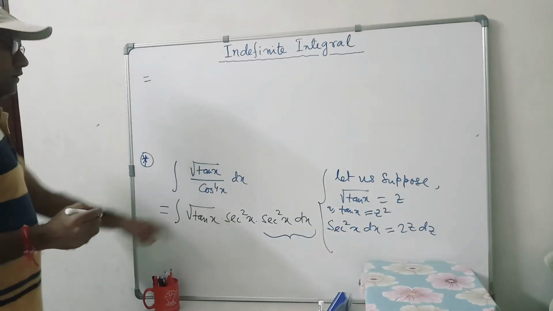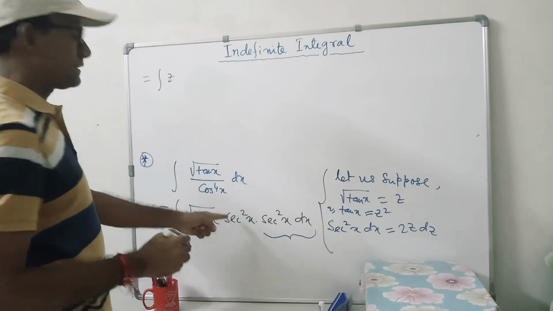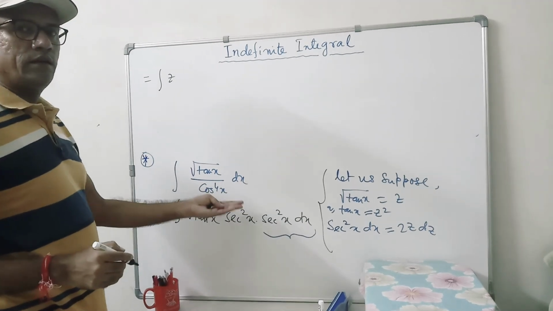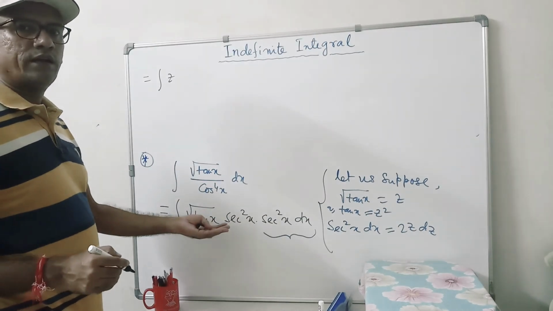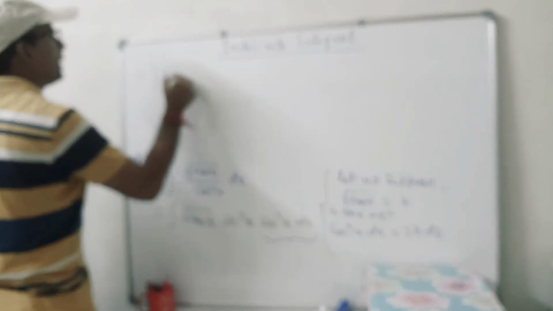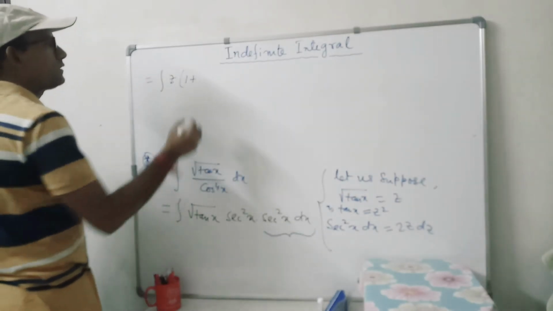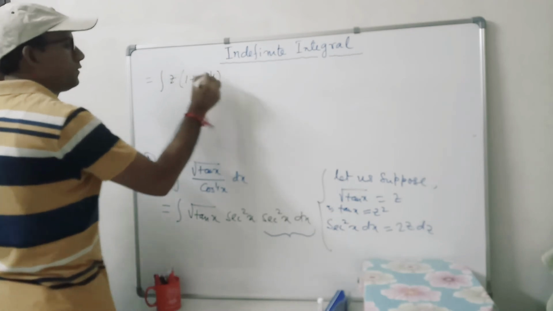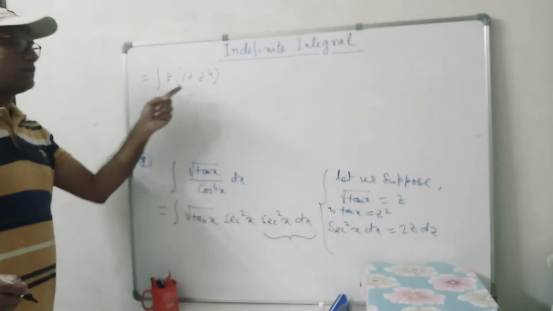Now, root tan x equals z. There is a class 10 trigonometric formula, sec square equals 1 plus tan square. So just put sec square as 1 plus tan square. Tan square means z to the power 4, because tan x is z square, so tan square will be z to the power 4.